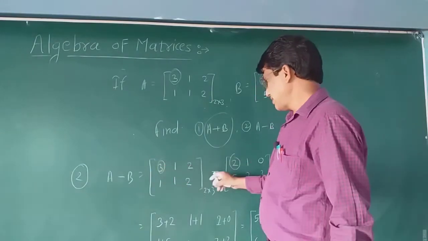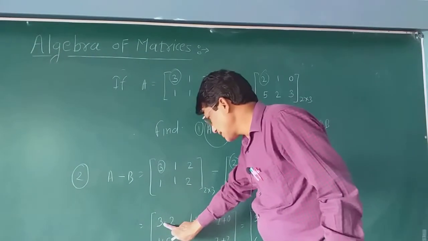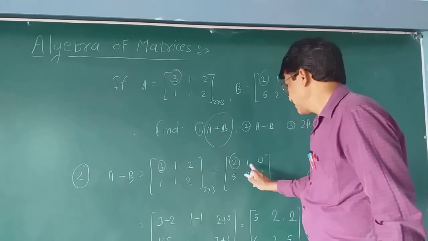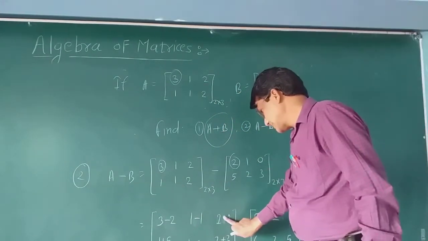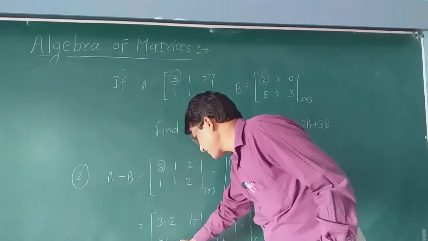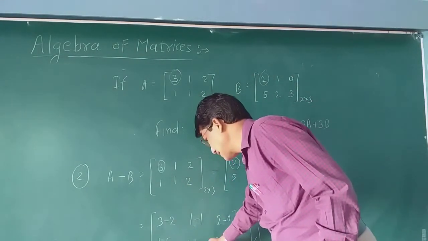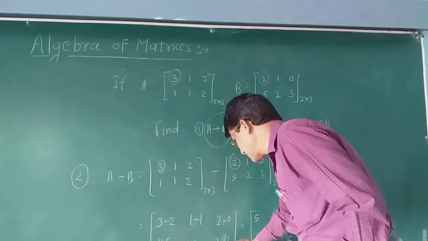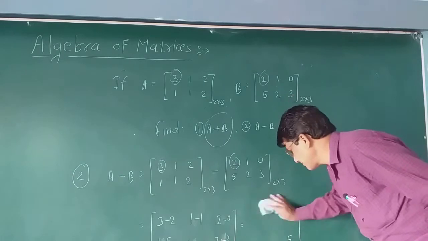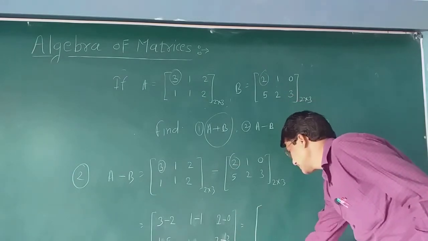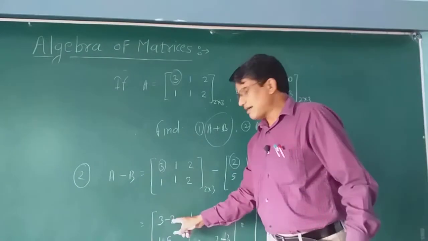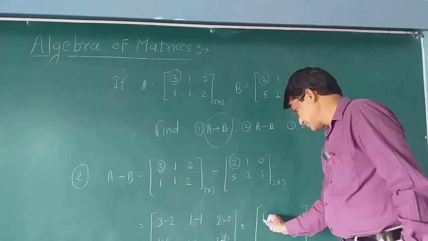Here 3 minus 2, here 2 minus 0. First number minus first number, here minus, here also minus. What is the answer? 3 minus 2, it is 1.